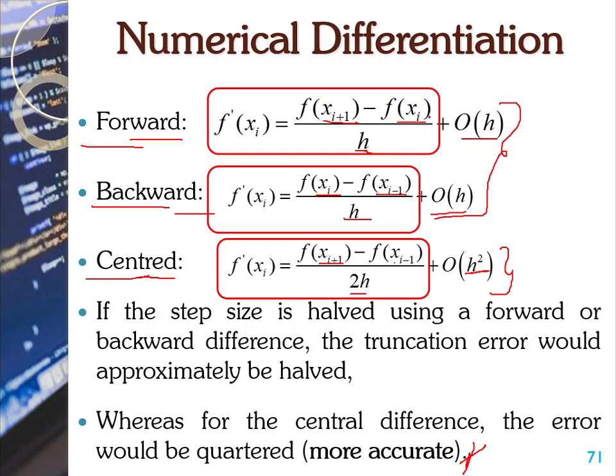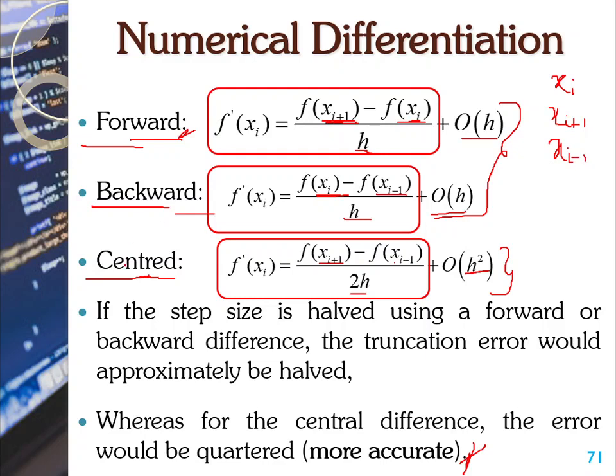Remember that for the forward differentiation approximation, we need a current value, the xi, and a future value, that is xi plus 1. In the case of the backwards, we need only a current value and a past value, that is xi minus 1.